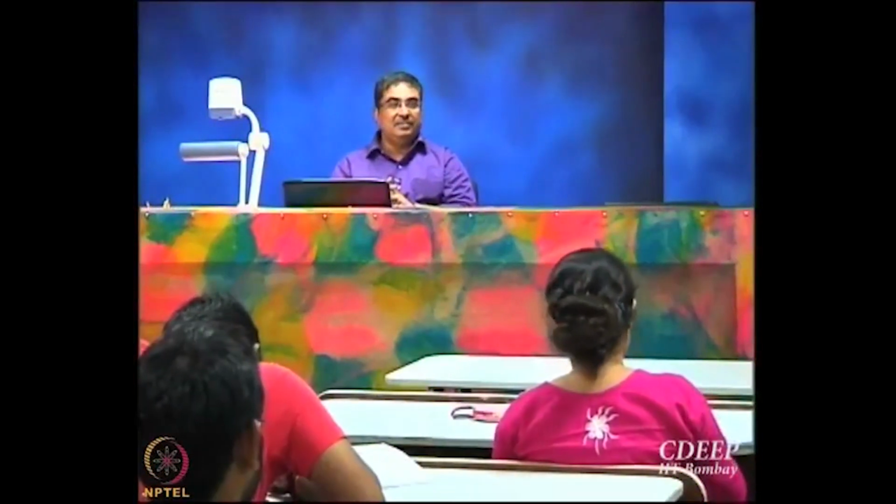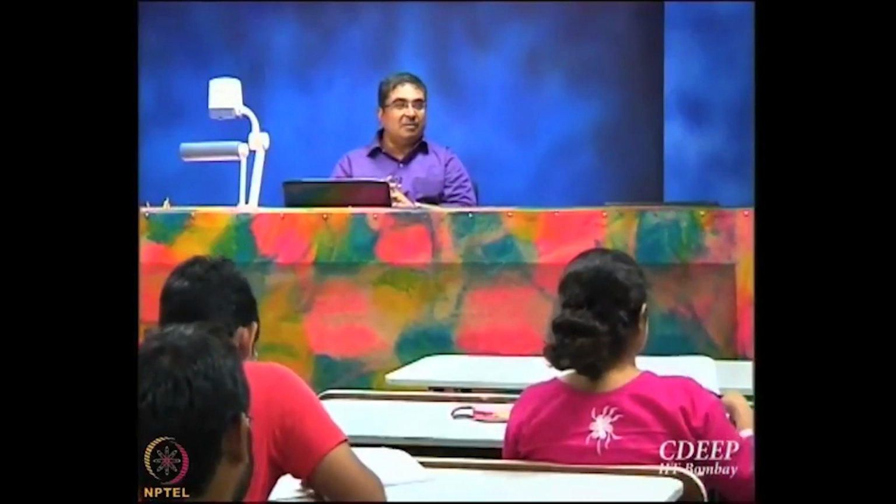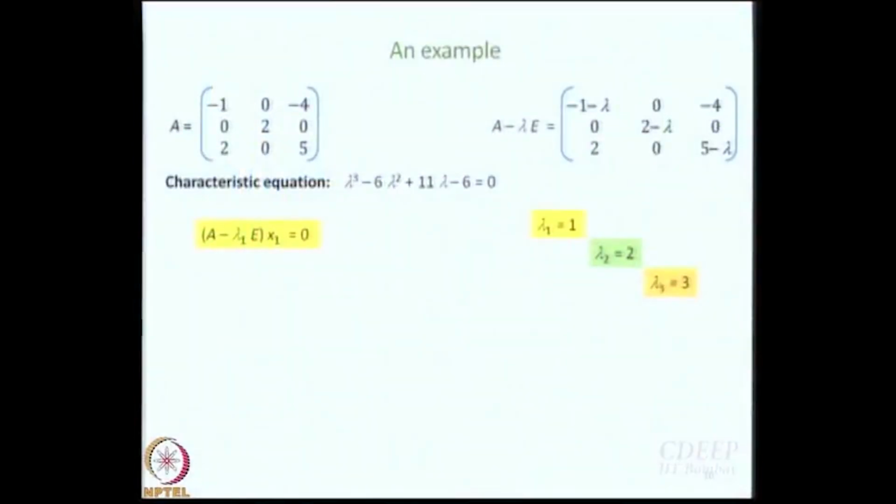How will I do it? Just write this equation, A minus lambda E x1 equal to 0. What is the meaning of x1? 1 is the number corresponding to the eigenvalue. I, the second number, alright.